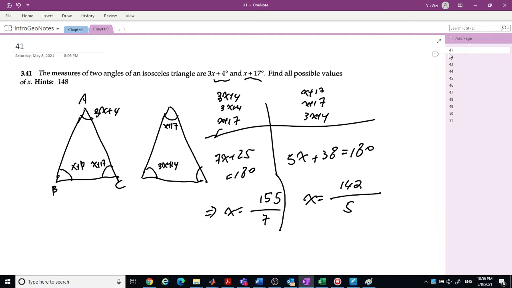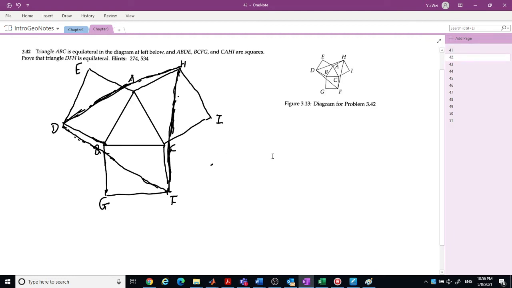Okay, for the second one, you see I already drew some pictures because drawing pictures takes time. Let's talk about it. I have an equilateral triangle, and we construct a square on each of its sides.